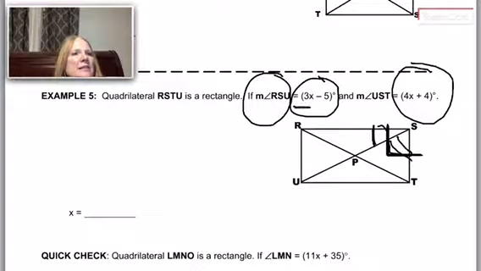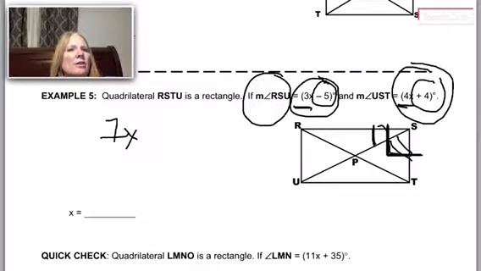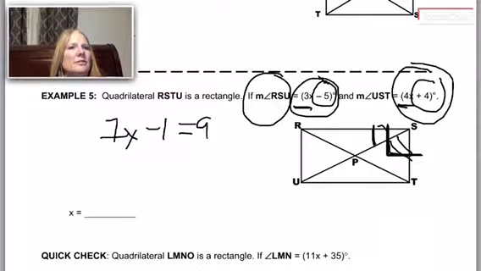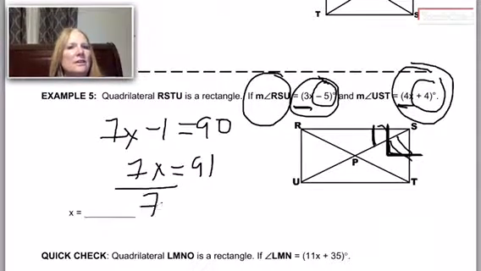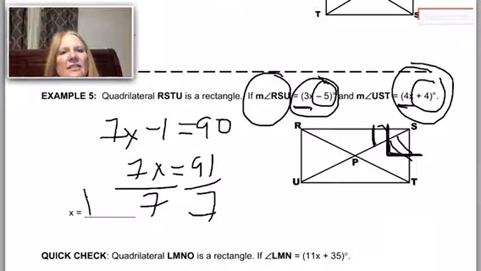So we have 3x plus 4x is 7x, and then a negative 5 and a positive 4 is negative 1. So we get 7x is equal to 91, and then we divide by 7 and use my calculator. 91 divided by 7 is 13.